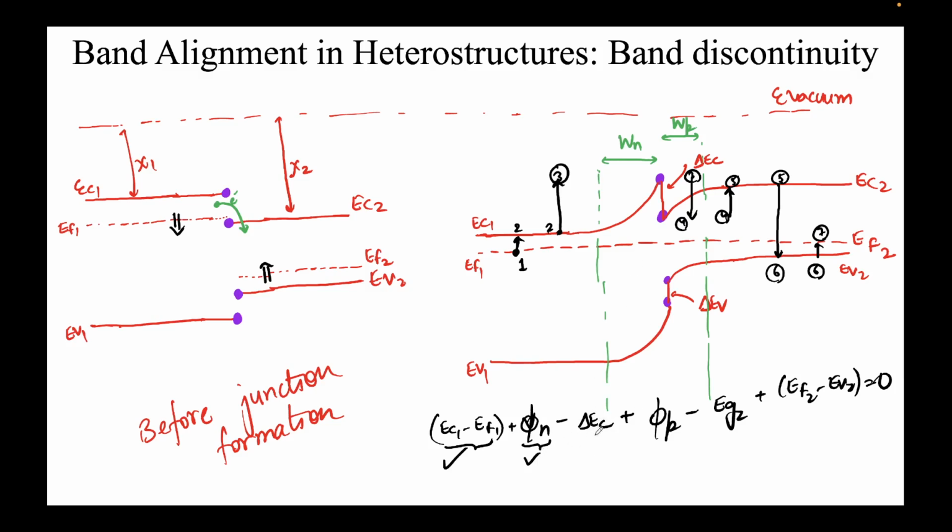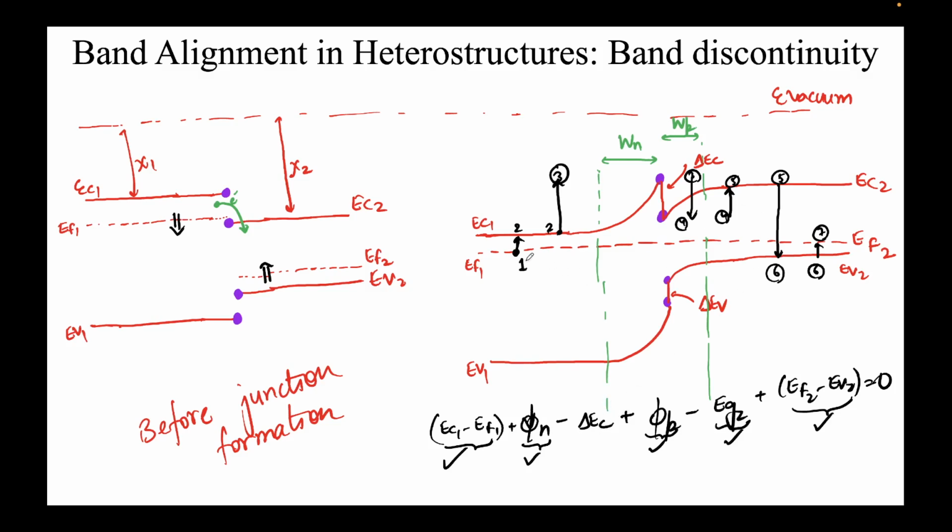Delta EC is the term that we want to determine. Phi p is, just like phi n, something we can determine. Eg2 we know, since we know the material. This term is on the p side, so you apply p equal to nv, as in the second session where we talked about carrier concentration in equilibrium. Again you write that and you can get this term. So from this you can get delta EC.